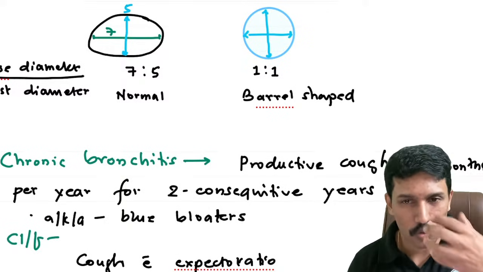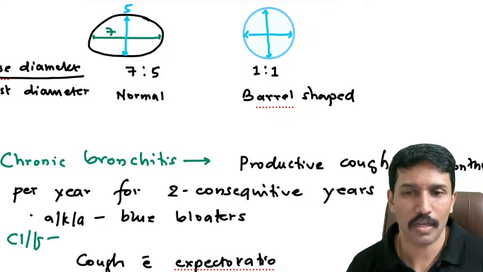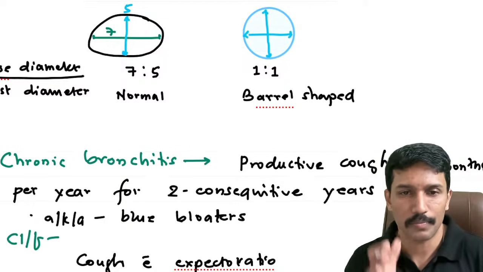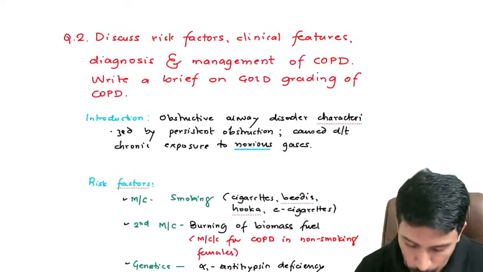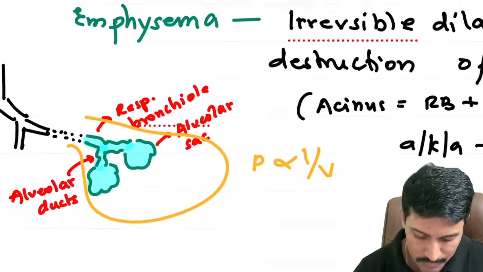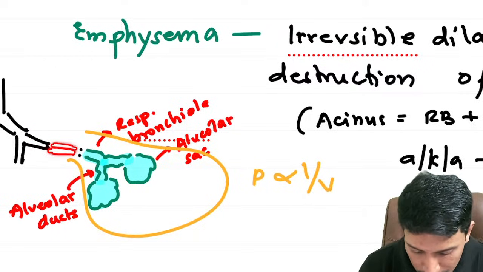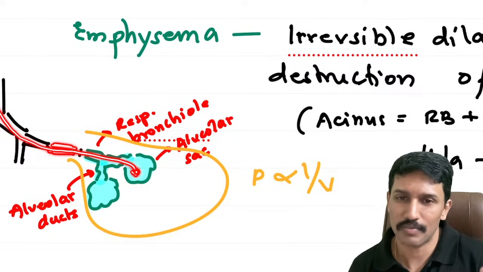Chronic bronchitis causes obstruction of the airway and the amount of oxygen reaching the alveoli decreases. So there is hypoxia that is causing the cyanosis. So that's why they are called blue. Because the bronchi are inflamed, less oxygen comes to the alveoli, so they have hypoxia, they have cyanosis, so blue.